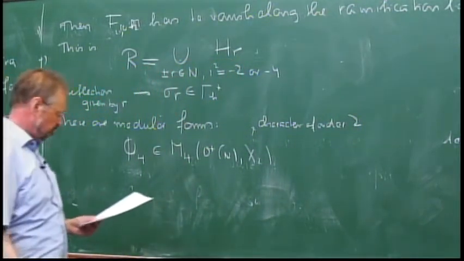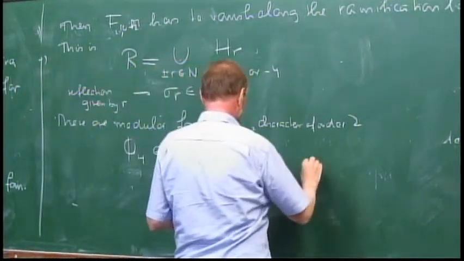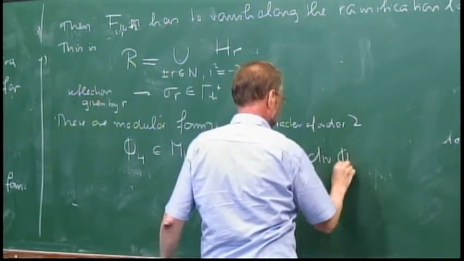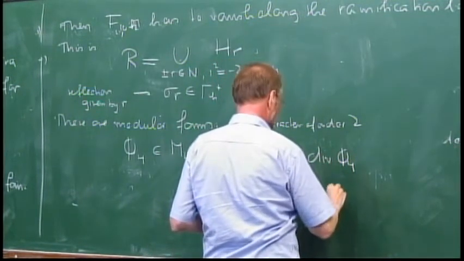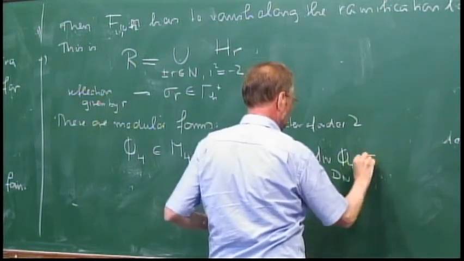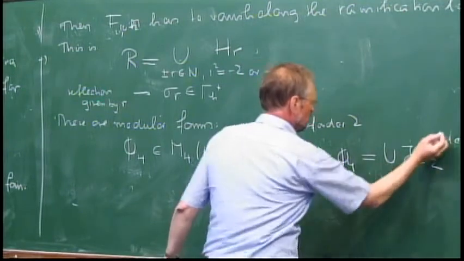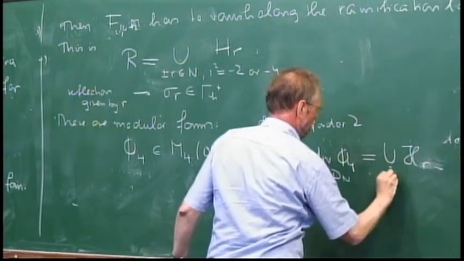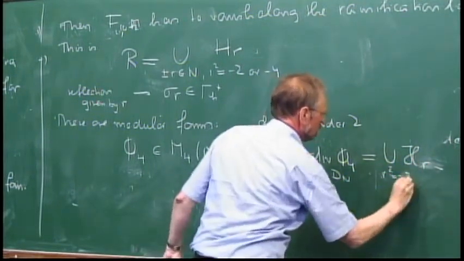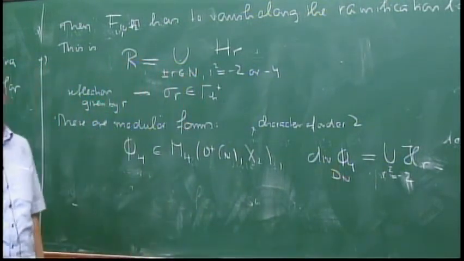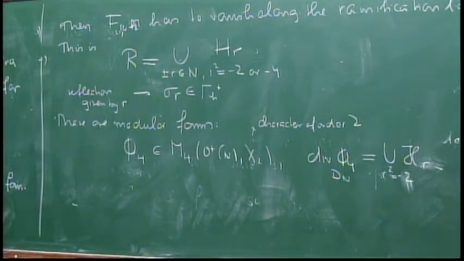And it has the property that it vanishes exactly on the union of all of these -2 hyperplanes. Okay? You look critical? Oh. Yeah. You have worked with that, haven't you?